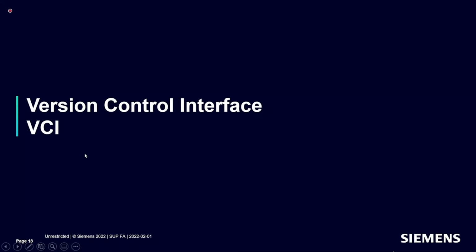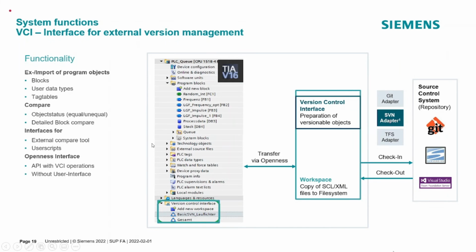To do this, we are using the Version Control Interface. Here you can see the flow, or we can say the structure of this. By using this VCI, we can export or import the complete project, like program blocks, user data, and tag tables, to GitHub.